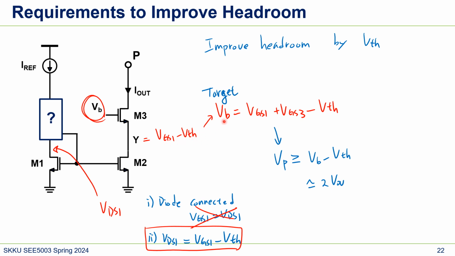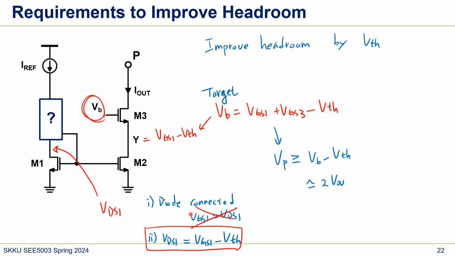To do so, we need this target VB, which is VTH lower than the previous cascode current mirror. By doing so, we can improve the minimum VP to 2 VOV, which means we can improve the headroom by VTH. So that's our goal.